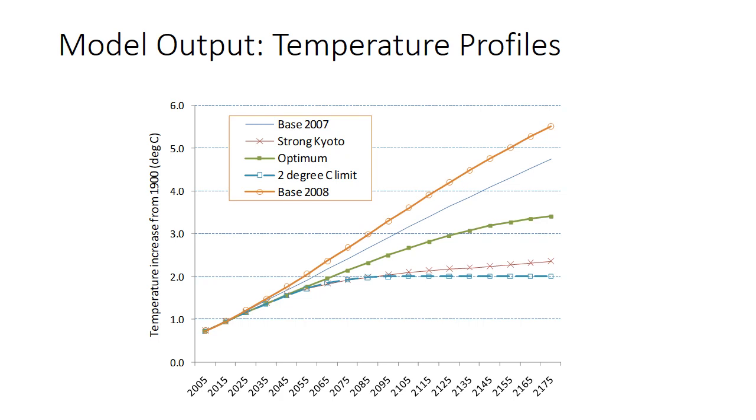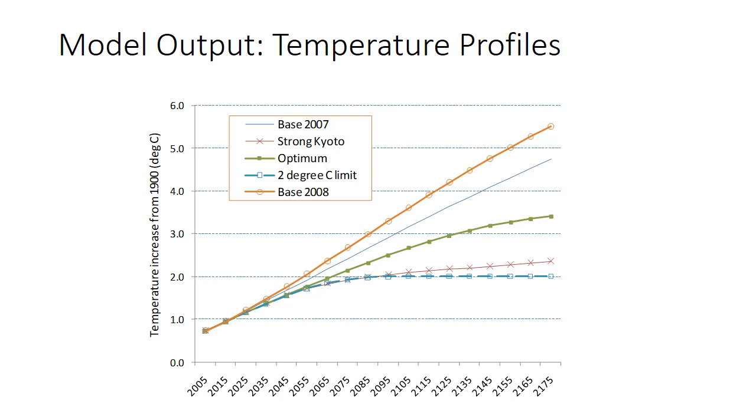You can see how doing nothing for even 1 year is going to affect temperatures over time. Even doing nothing between 2007 and 2008 is going to result in basically a 1 degree temperature gap by 2175. So that should be a little bit of a warning that we should be thinking about what we're doing now. We should not wait. We should be addressing this as soon as possible.